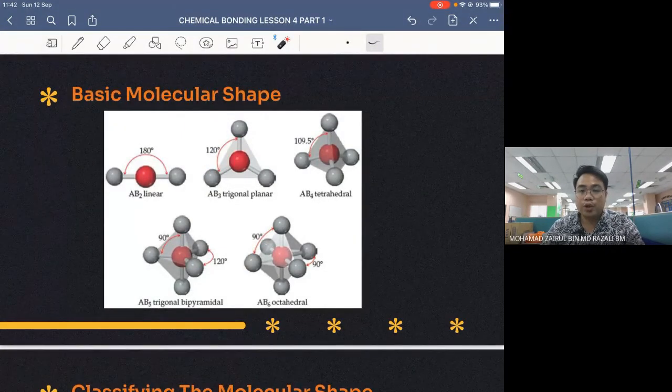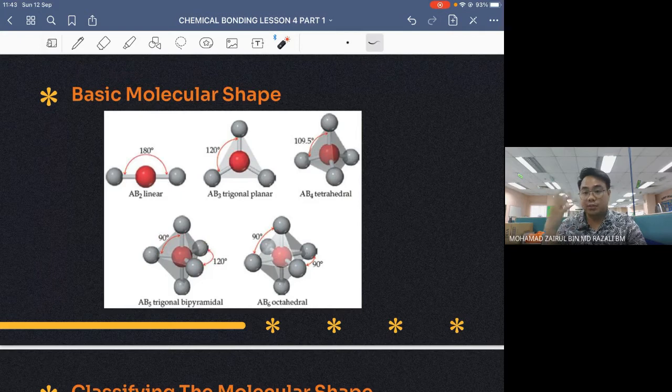If you have 4 bonding groups around the central atom, the shape is going to be tetrahedral and it will have a bond angle of 109.5 degrees. 5 bonding groups, we call it trigonal bipyramidal, and you have 2 different angles. So we have 120 and 90 degrees.